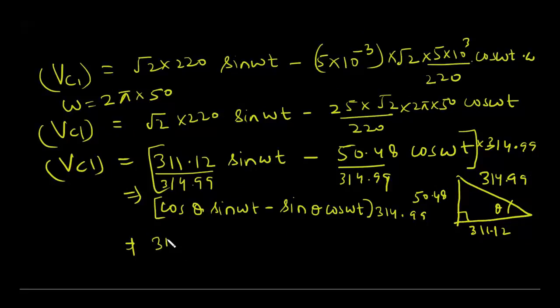So this thing you can write as 314.99 sine of omega t minus 9.21 degree. So this is the expression of Vc1.